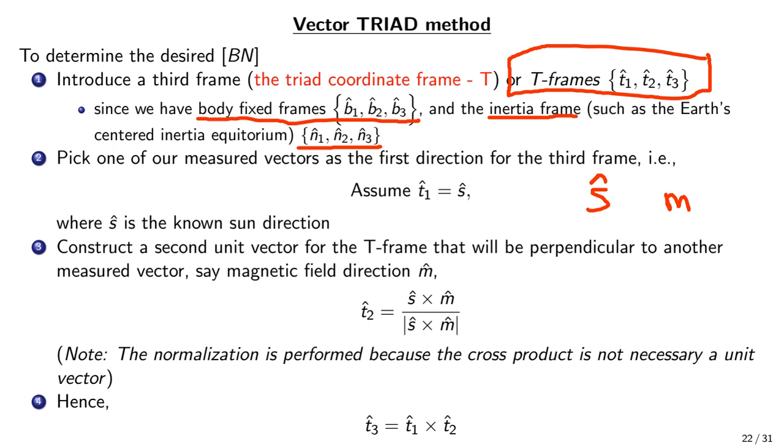But for illustration's sake, I would want us to use that from the sun and from the magnetic field. Since the measurement from the sun would give us a better accuracy compared to that of the magnetic field, I'm assuming here that my T1, remember I have T1, T2, T3 vectors of frames, is equal to my S.